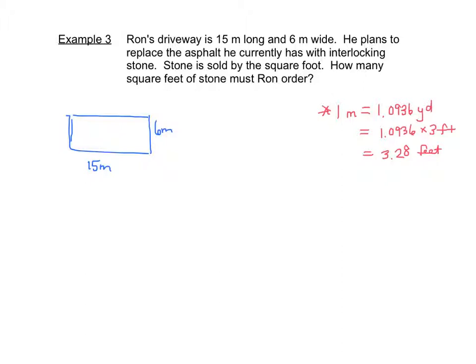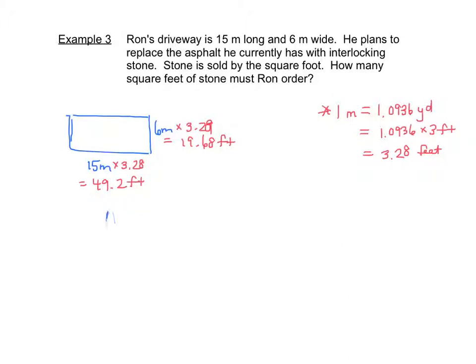So then his driveway, if we want to convert this into feet, we will multiply each of these dimensions by 3.28. So the dimensions of his driveway are 19.68 feet by 49.2 feet.